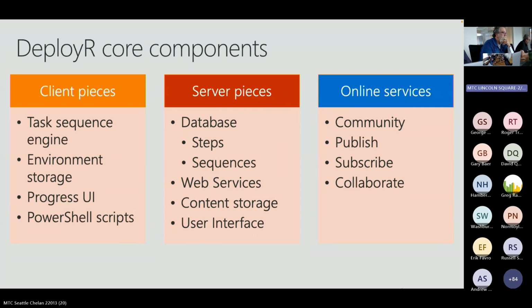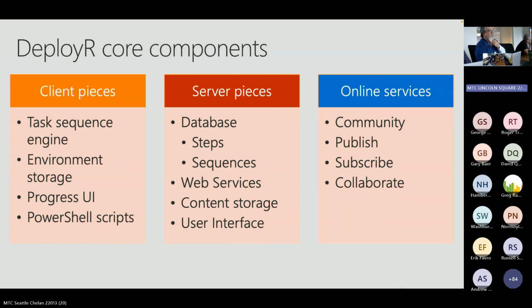Again, everything PowerShell based. We decided early on, let's try to do PowerShell 7 for pretty much everything, so we can get away from even legacy PowerShell 5.1 stuff and take advantage of the new capabilities in PowerShell 7. On the back end, we have a database, typically SQL Server, that's used to store all the metadata. We have a content storage location for all the different types of things that we need to download, like OSs and driver packs and that sort of thing, applications.